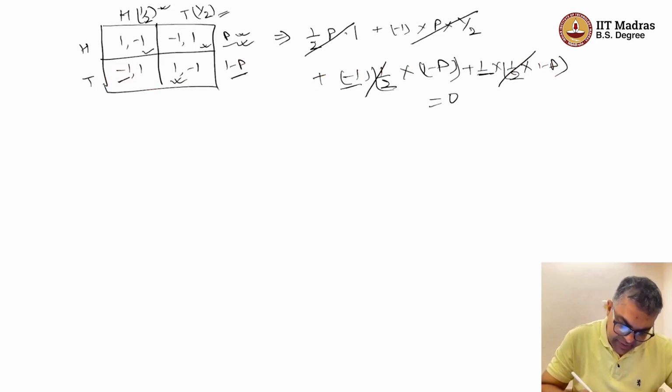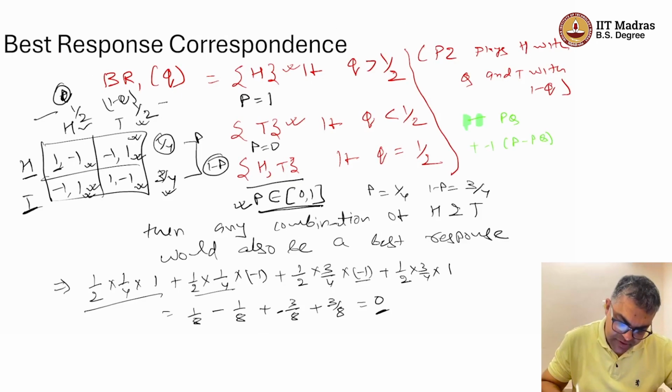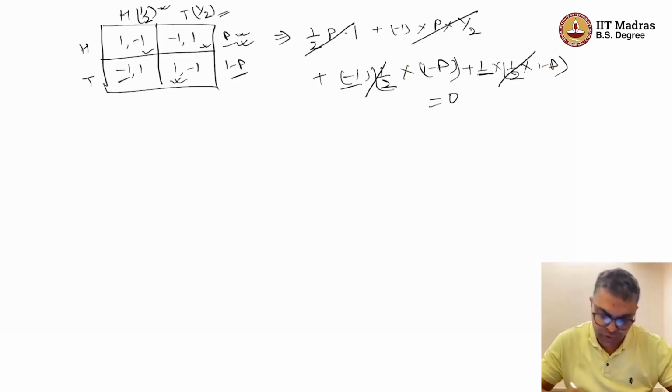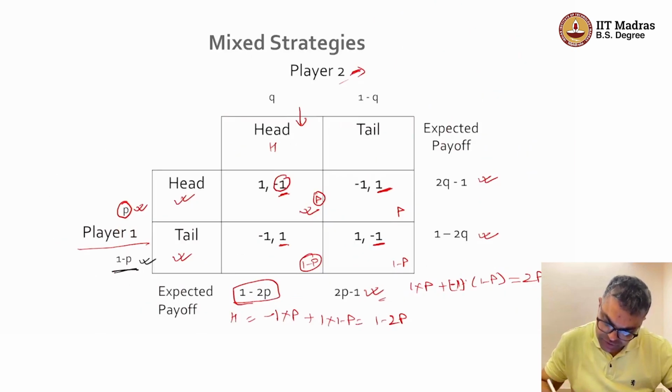And similarly, we can write the best response for player 2. How can we write the best response of player 2?